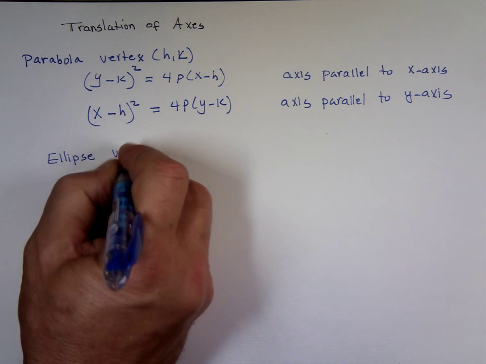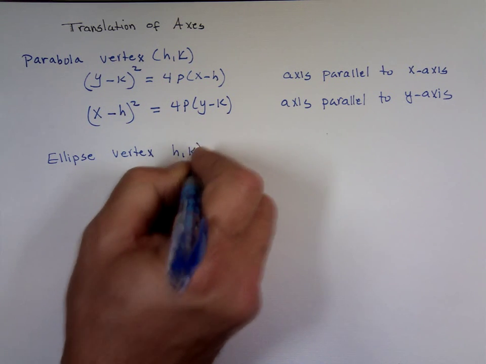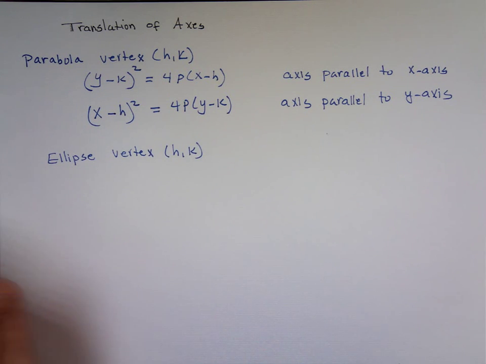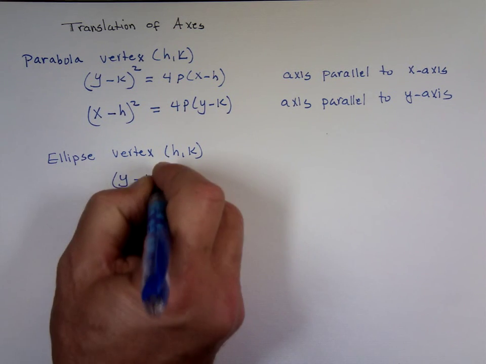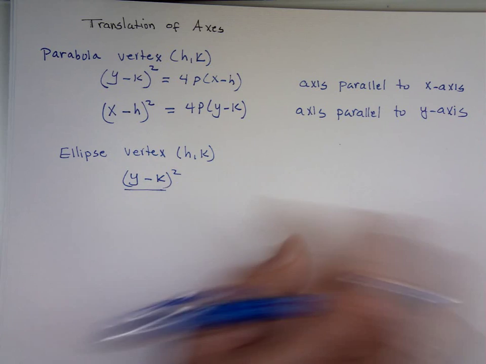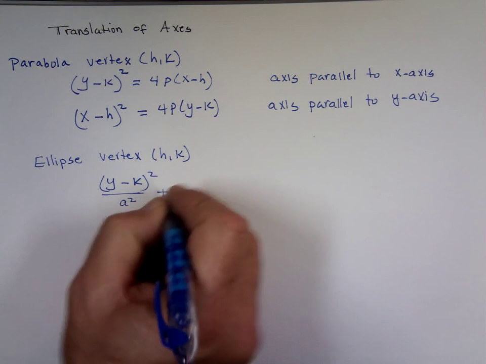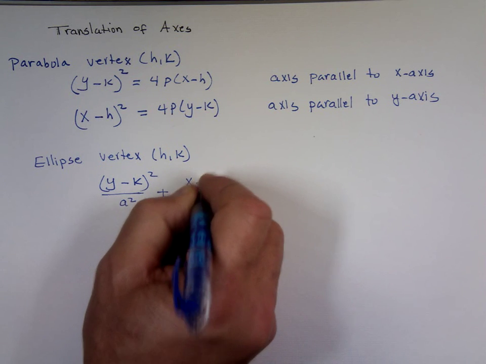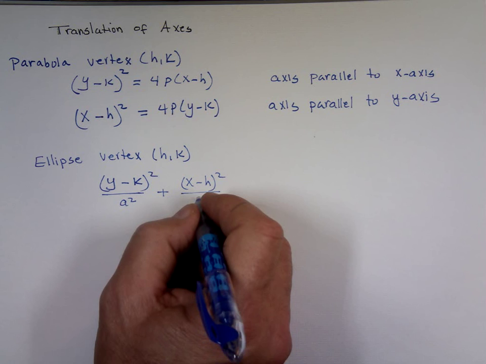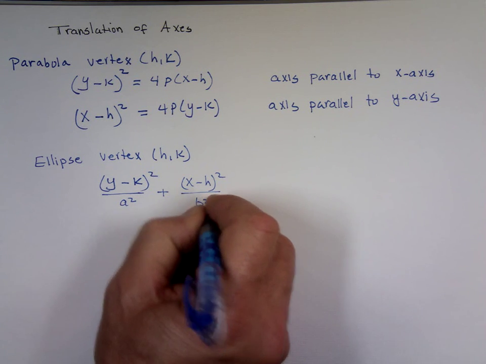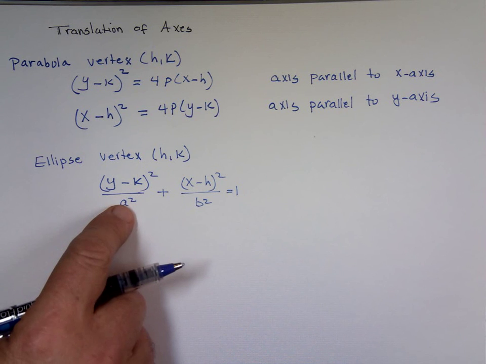Ellipse here. Vertex at (h, k). This will be (y minus k) squared over a squared plus (x minus h) squared over b squared equals 1. Remember, for an ellipse, a is always the longer side, right? So the longer side is which side here?